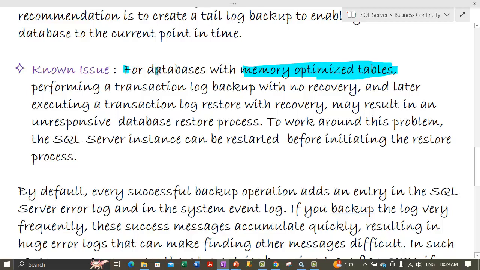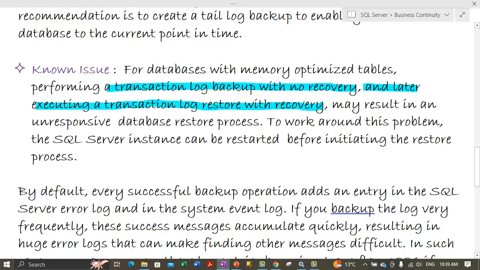Now let's continue. For databases with memory optimized tables, performing a transaction log backup with no recovery, which is basically the tail log backup, and later executing a transaction log restore with recovery, may result in an unresponsive database restore process.